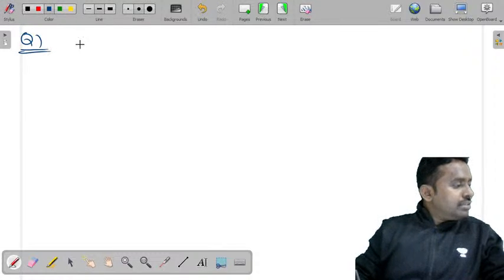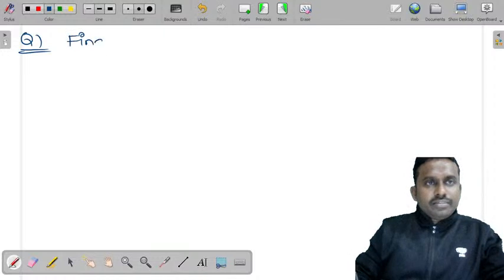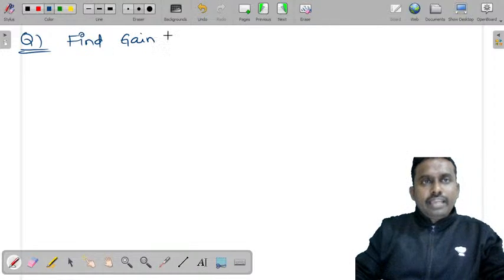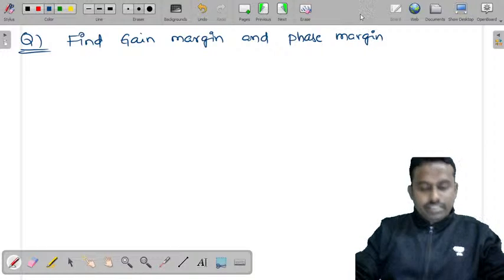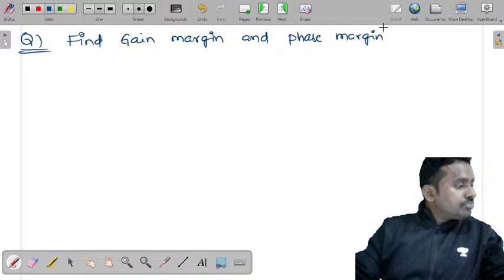The question says, find gain margin and phase margin. This is one of the questions in your university question paper.